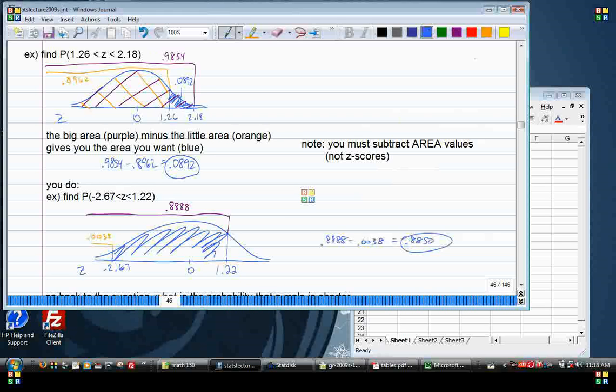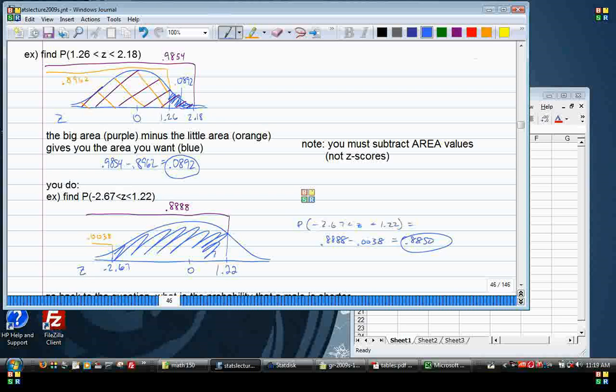If you want to write it down, I didn't copy the question. You could just write the probability that negative 2.67 is less than z less than 1.22 equals this thing. However, I will say something important about this.